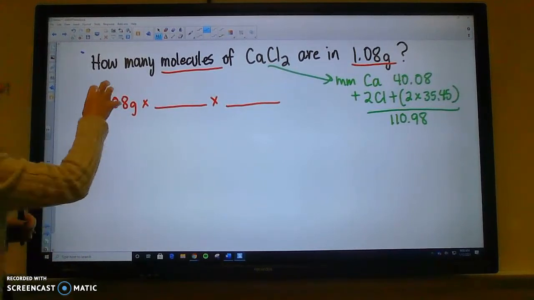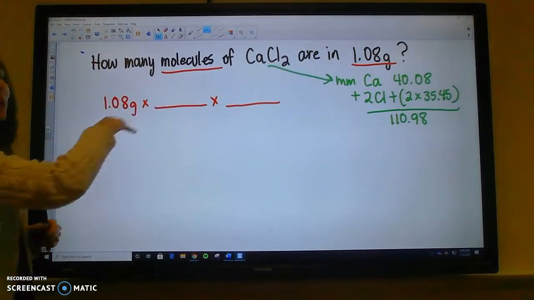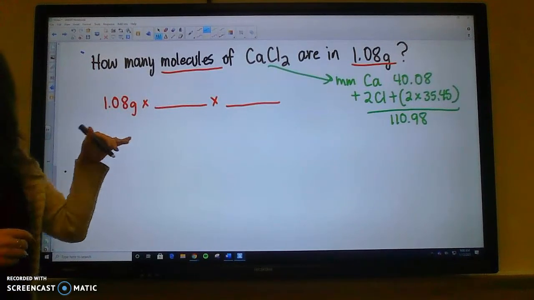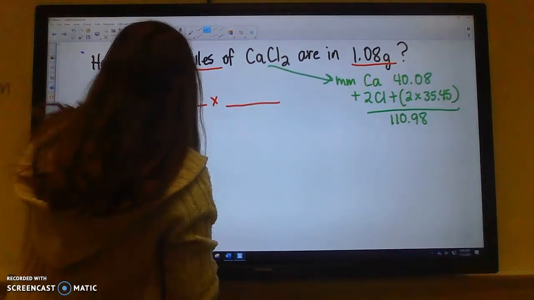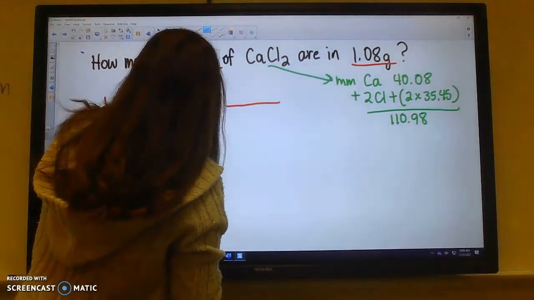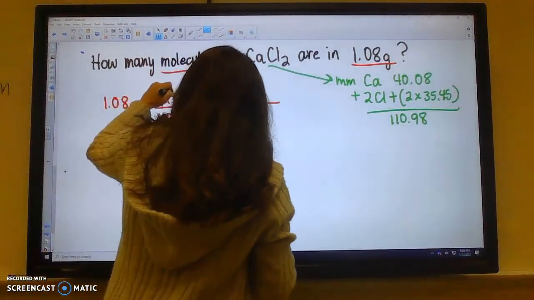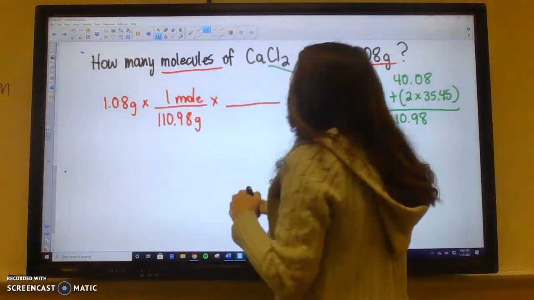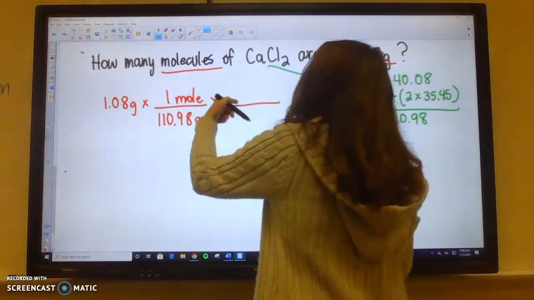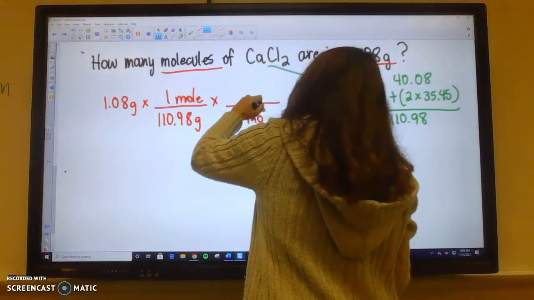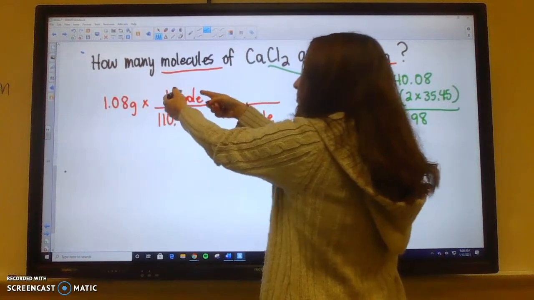Okay, so we have grams. Where does that molar mass go? Numerator or denominator? The grams component. Denominator. So 110.98 grams goes in the denominator. 1 mole goes in the numerator. And then our second conversion is going to be Avogadro's number. Avogadro's number is going to go in the numerator because we have 1 mole here.